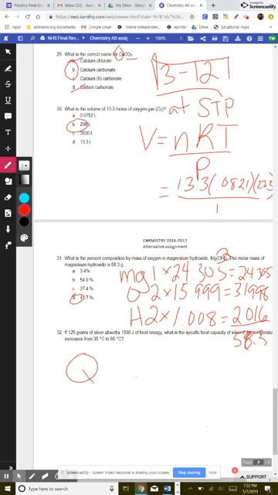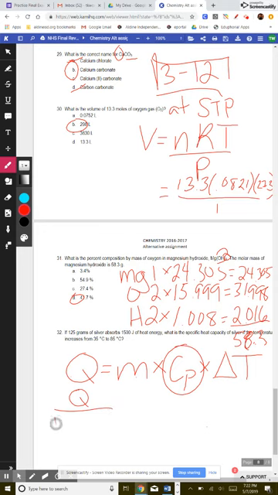The last equation, Q equals M times CP times delta T. I am solving for specific heat capacity, so I've got to move my variables to the other side. So Q over M times delta T equals CP.